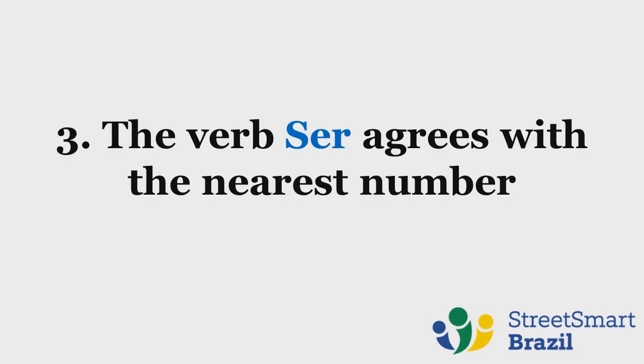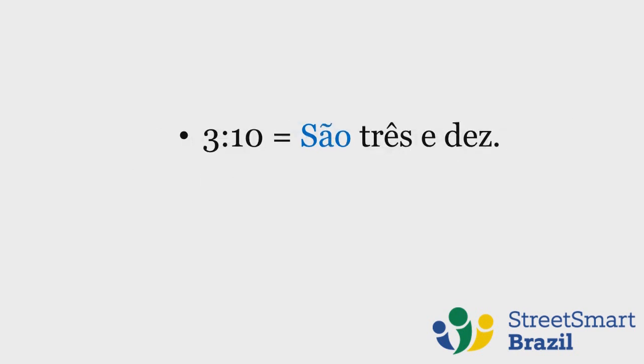And number 3, the verb ser agrees with the nearest number. Let me explain. In English, you use the verb to be in the singular. It is 3 o'clock. But in Portuguese, the verb ser agrees in number, meaning singular or plural, with the first number that you say. So here's an example.